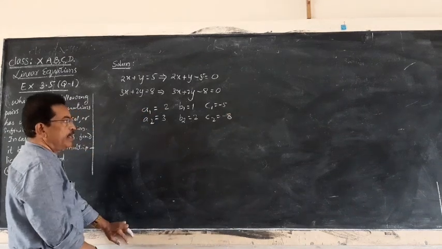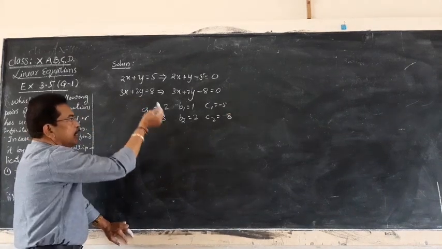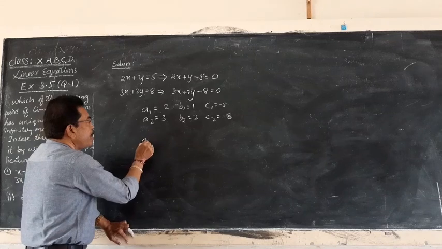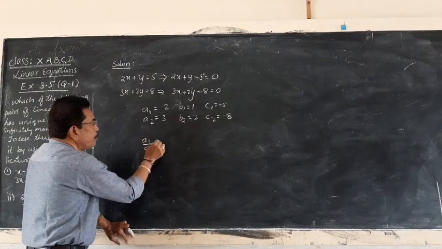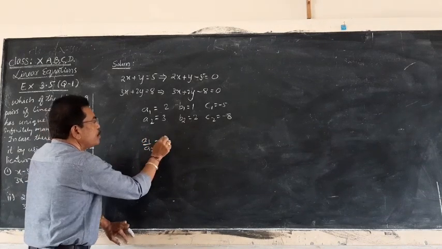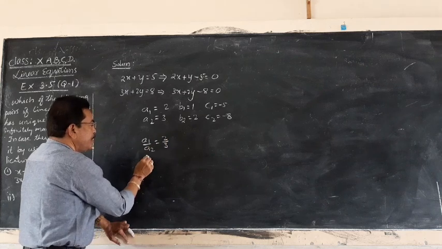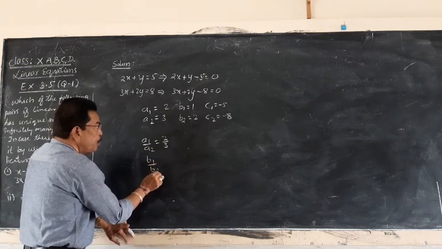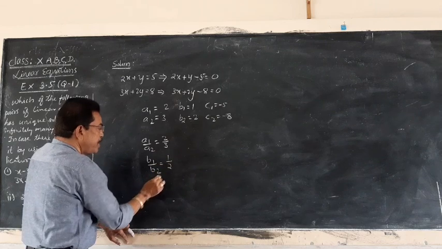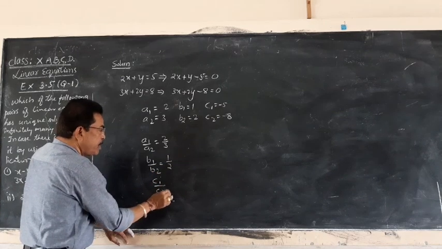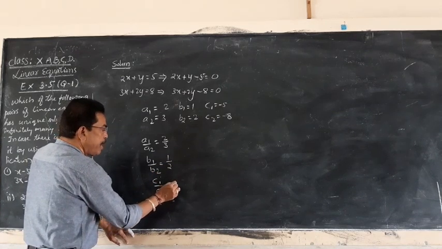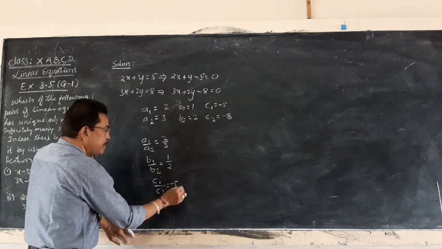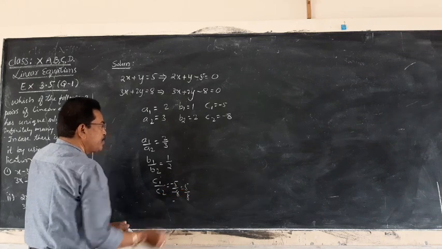Let us compare the ratios. a1 by a2 is 2 by 3. Then b1 by b2 is 1 by 2. c1 by c2 equals minus 5 by minus 8, that is 5 by 8.